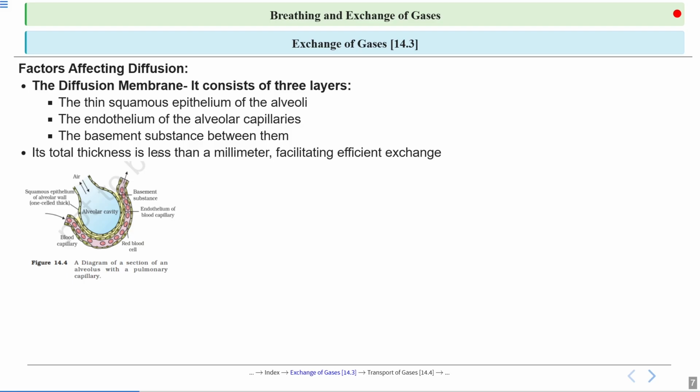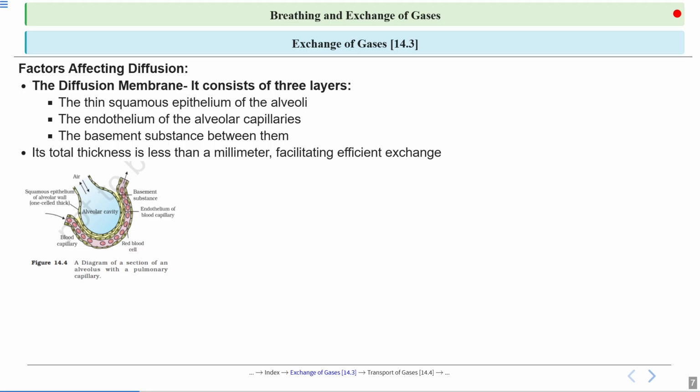In this diagram also, that is the same one, you can see the basement substance, the squamous epithelium and the endothelium of the blood capillary, right? Yes, they are moist. They are moist because if they are dry, then the gas exchange will not be at a proper rate.